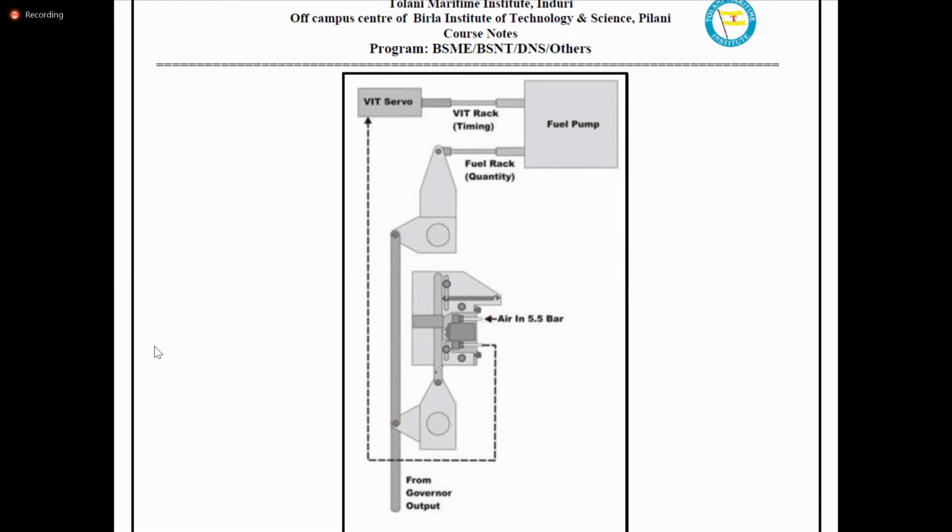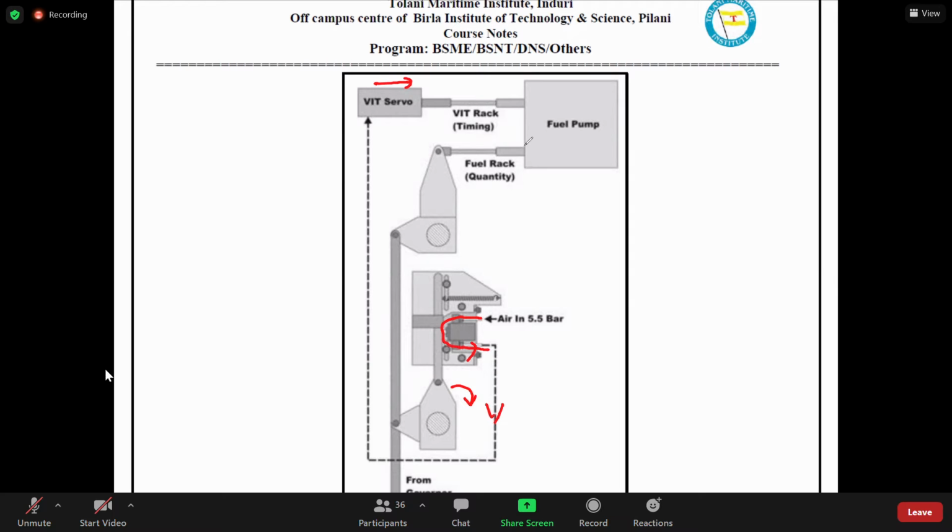But when the linkages move to such an extent, the air pressure coming in will increase, the output will increase, and the VIT servo will be pushed in. When it gets pushed in, you'll have the retardation of the fuel injection timing, with the barrel being moved up. Is that clear?